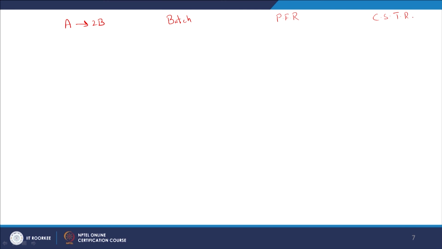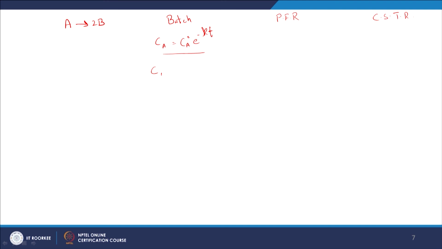For the batch reactor, first we do the mass balance on A, and we end up with Ca equal to Ca naught into e power minus kT.